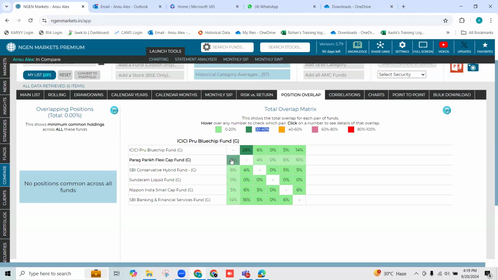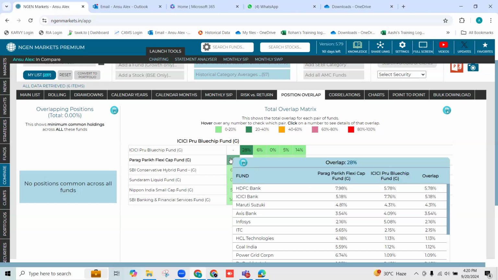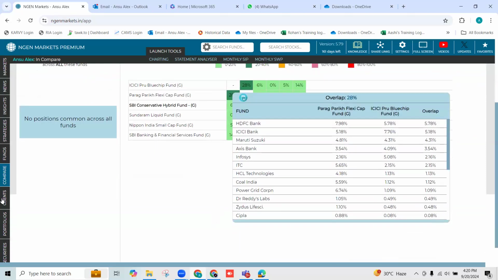Now here as well, quickly, I would just show what you could see in this overlap once you click on this percentage tile that you see. So I've clicked on that 28%. This shows you the common stocks between Parag Parikh Flexi Cap and iPro Blue Chip.